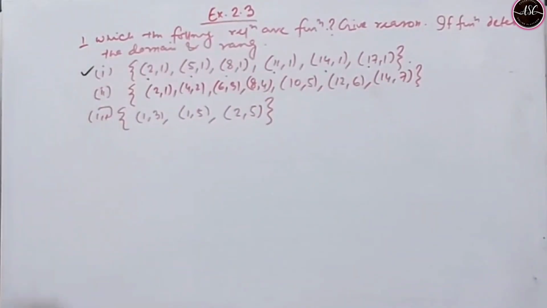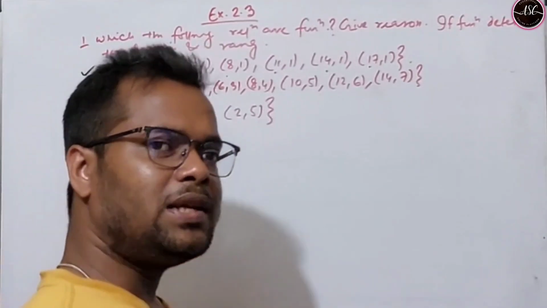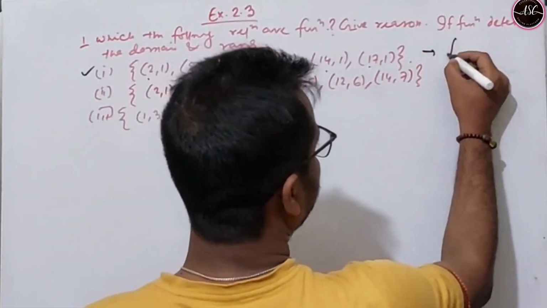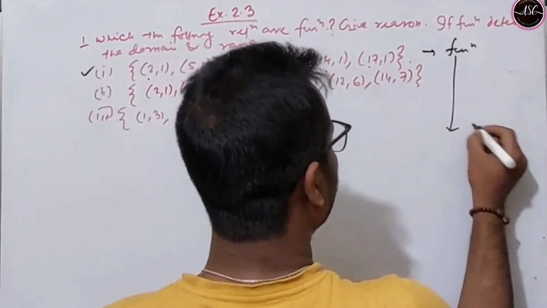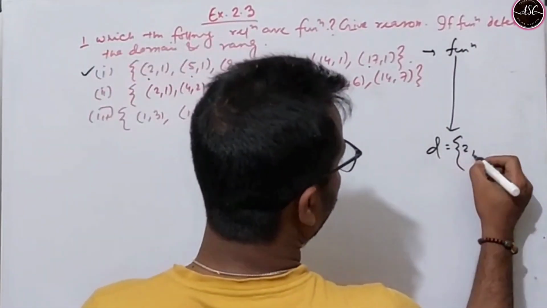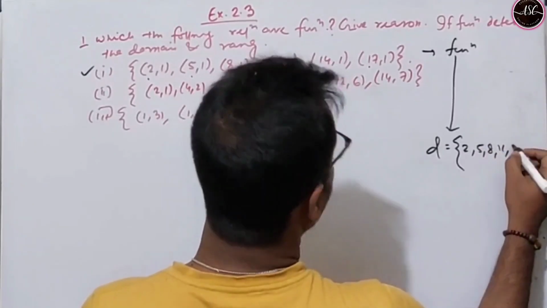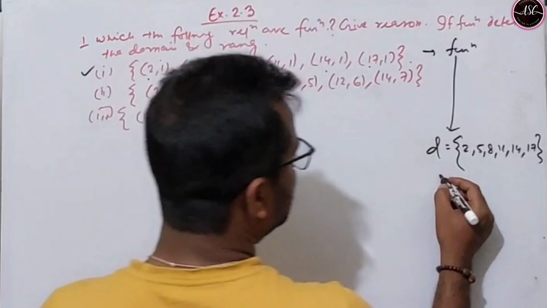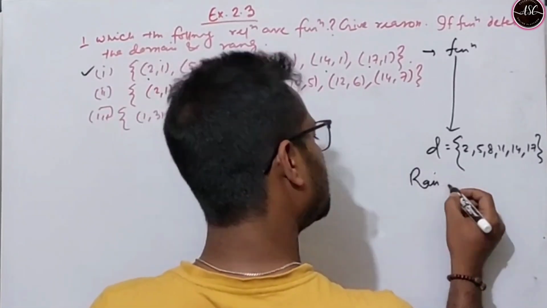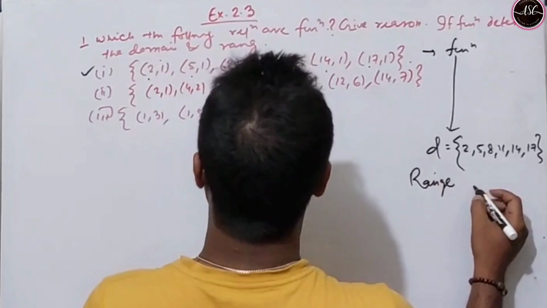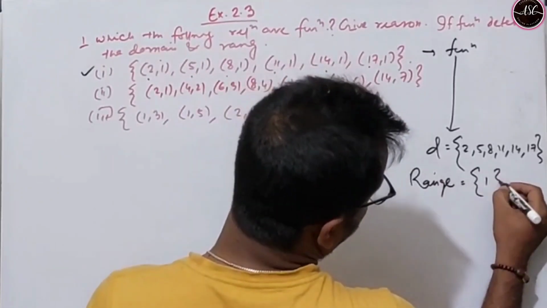So here all the first elements have a unique image, so it is obviously a function. Then what will be the domain? Domain will be 2, 5, 8, 11, 14 and 17. And range will be the set of all second elements in the ordered pairs of the relation. That means here it is only 1.